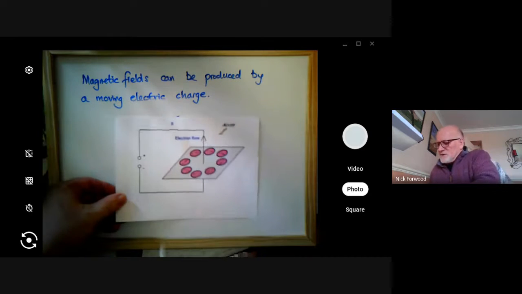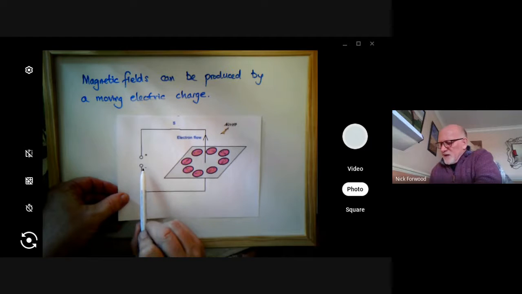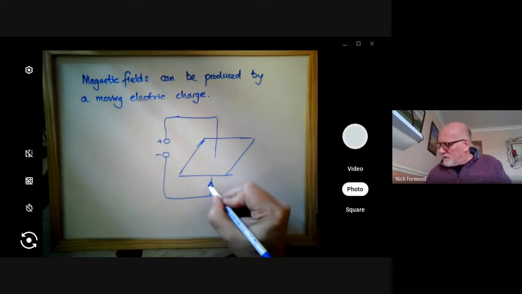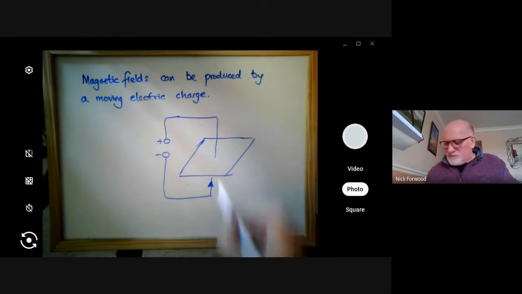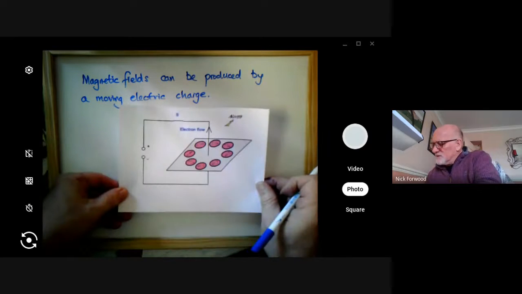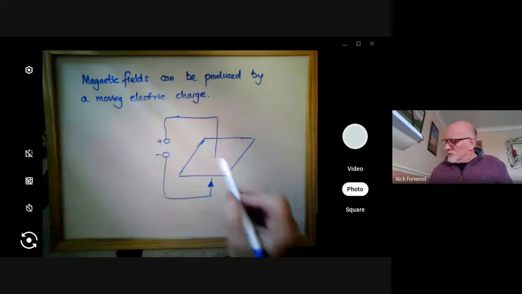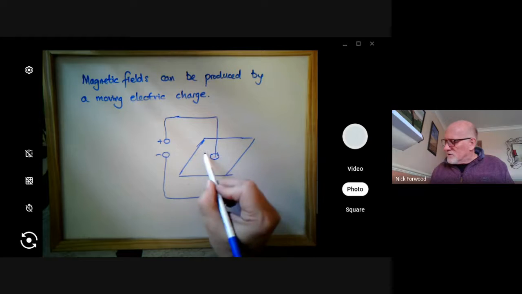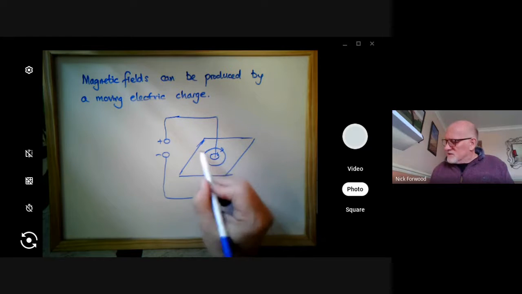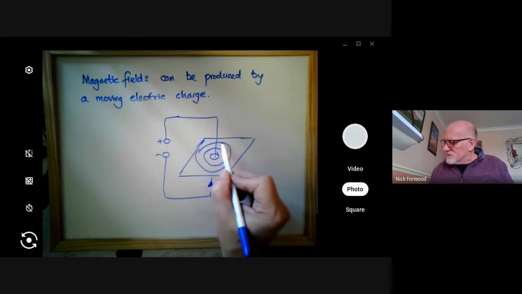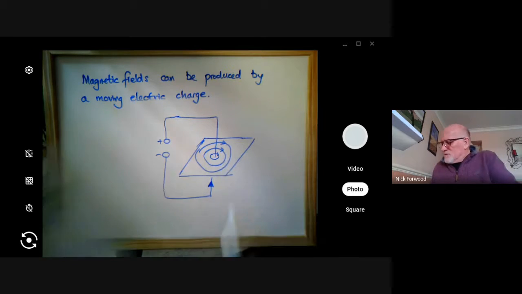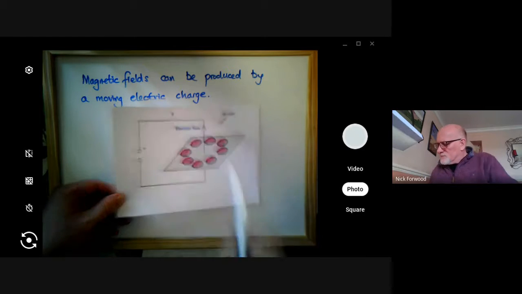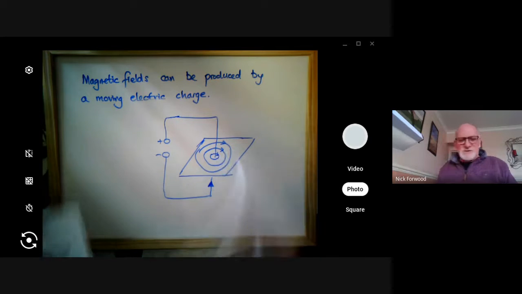Remember, electrons go from negative to positive, so I've got my electrons flowing that way. All the little arrows on the compasses, all the little needles, point round in a circle. So what I would do is draw the magnetic field around the wire as a series of circles, and the direction of the field is shown by the direction that the compass needles point in. So I'm putting arrows on the circles like that.